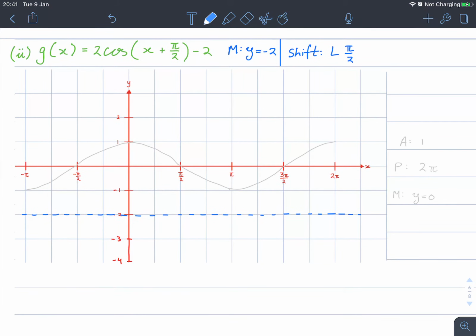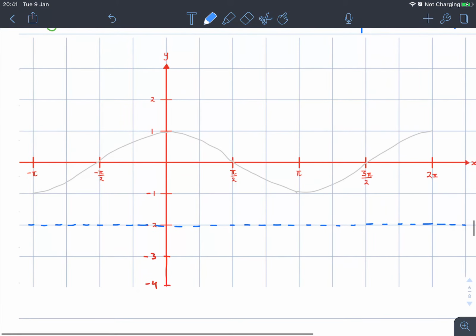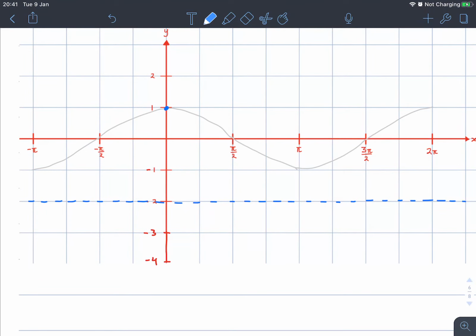So if I were to graph the regular function with a shift to the left, this point of x equals 0 will now be moved to the left. So this point is now going to be here. This point is now going to be here. This point is now going to be here.